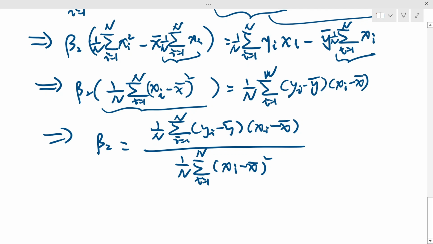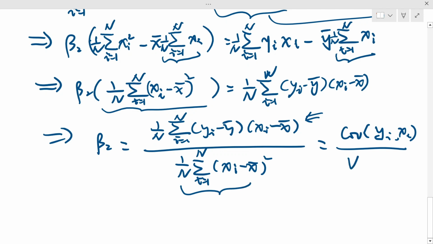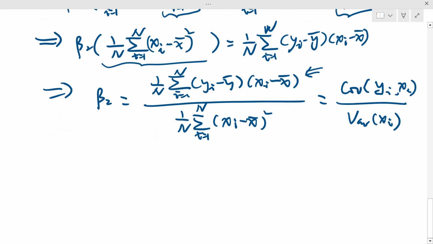Okay, and if n goes to infinity, then this is actually the covariance of xi and yi, and this is actually the variance of xi. And now I'm going to put a hat on top of beta 2 to represent that it is an estimate. Let me write here beta 2 hat, and we can cancel out 1 over n.